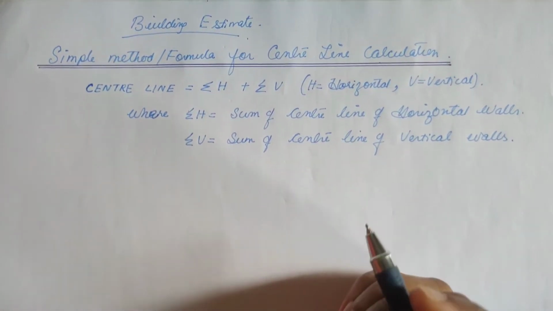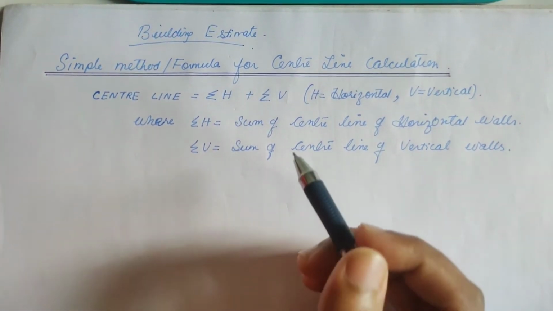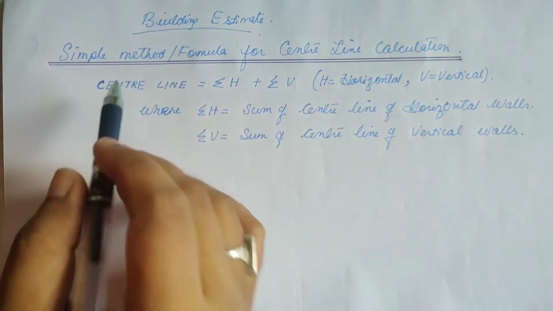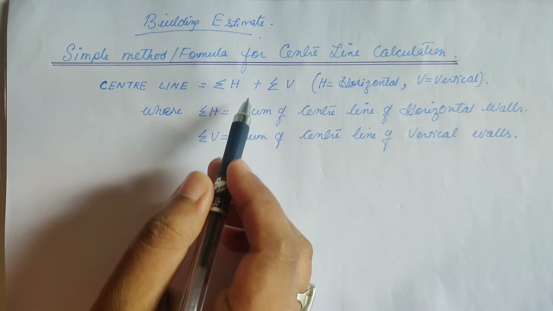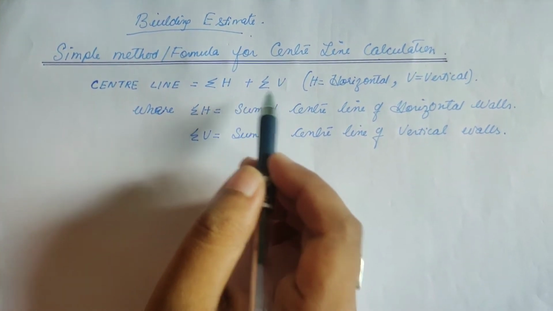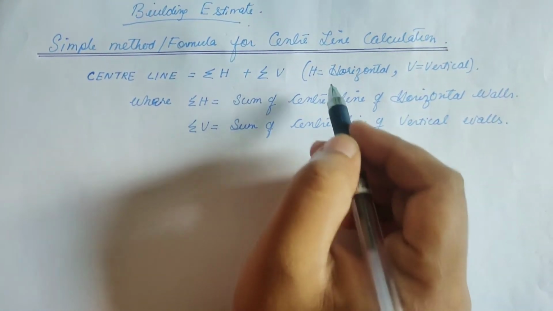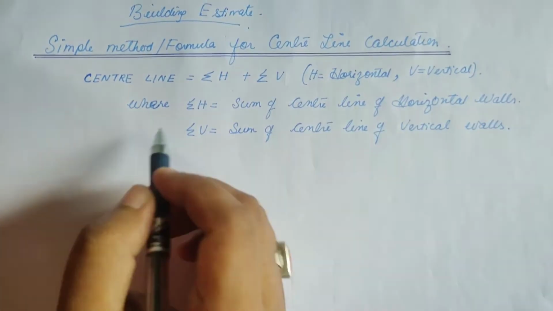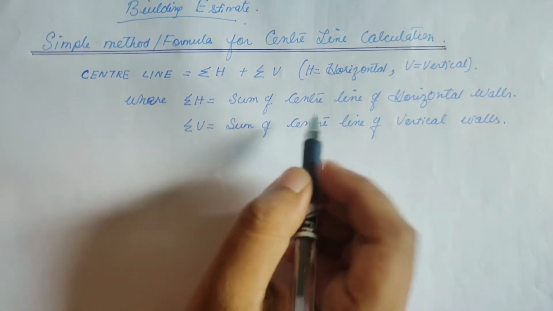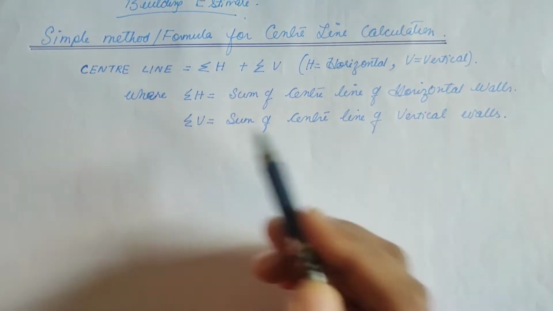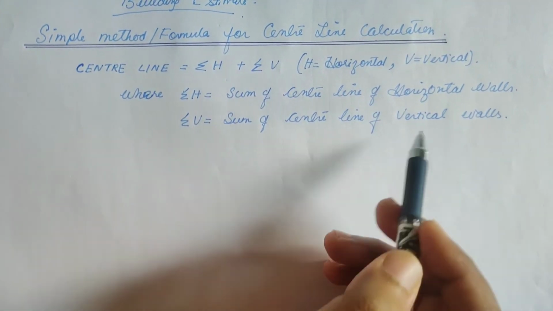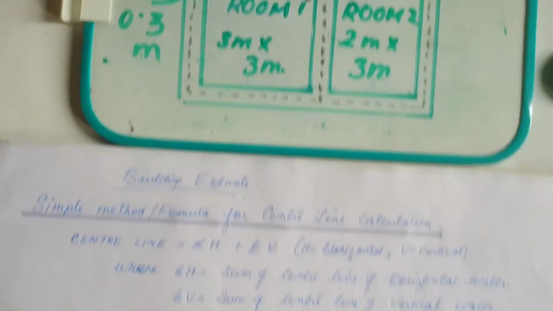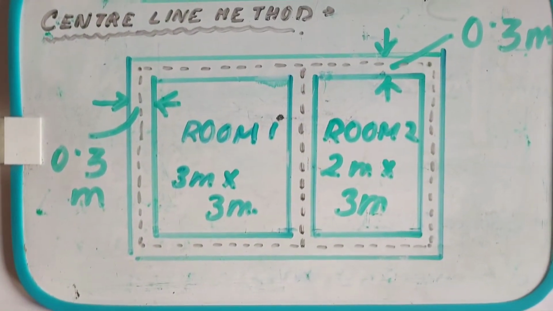As you can see here, I have cited a simple formula to find the center line calculation easily. Center line equals summation of H plus summation of V, where H is horizontal and V is vertical. Summation of H is the sum of the center lengths of horizontal walls, and summation of V is the sum of the center lengths of vertical walls. Now we'll move to the plan again.